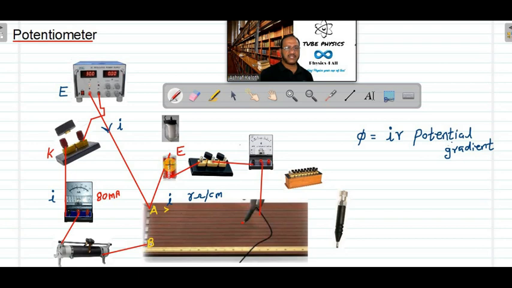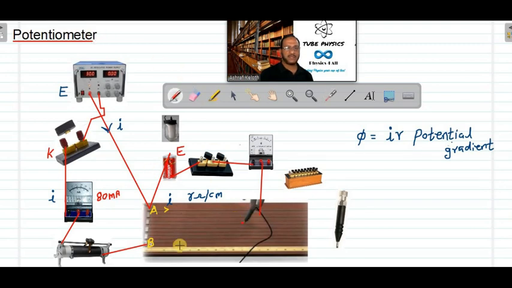Now after connecting the secondary circuit and moving the jockey, suppose we are getting the balancing point here. You have to measure from the point A: 1 meter this way, then 2, then 3, then 4, then 5, it is coming on the 5th line here.